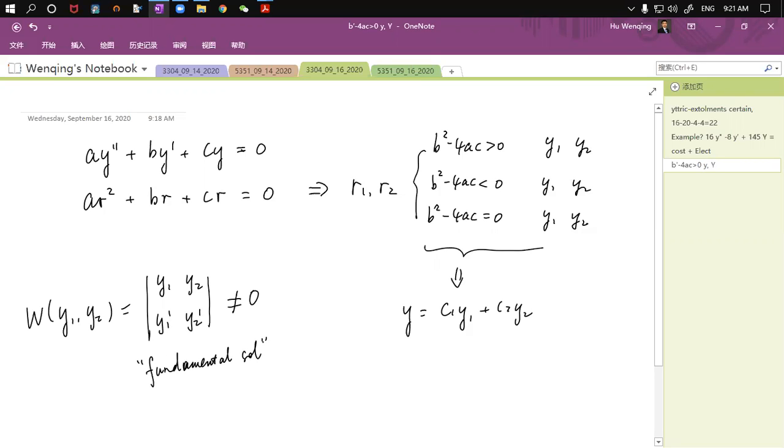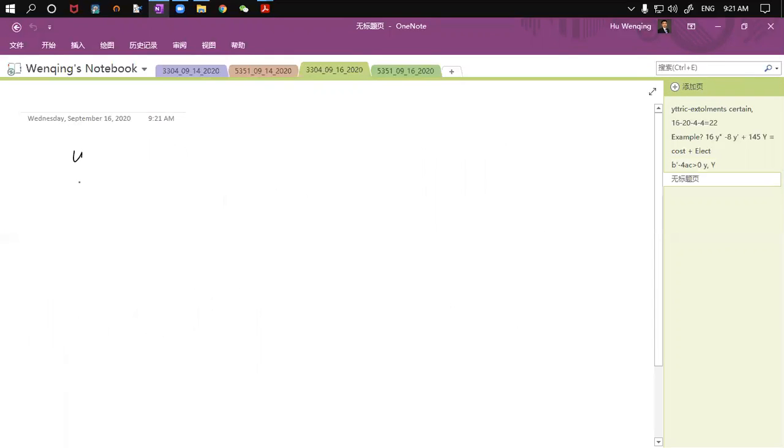The whole theory we've been talking about can be generalized to an equation that is homogeneous but not necessarily constant coefficient.